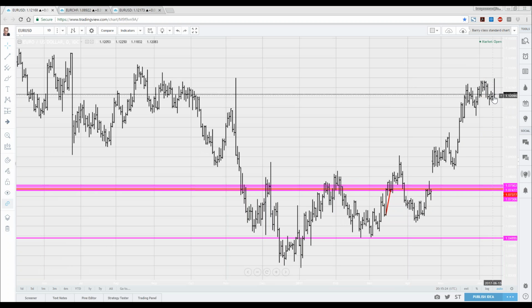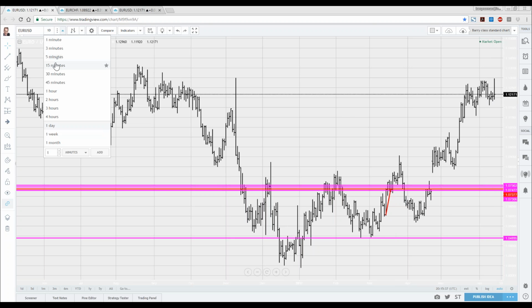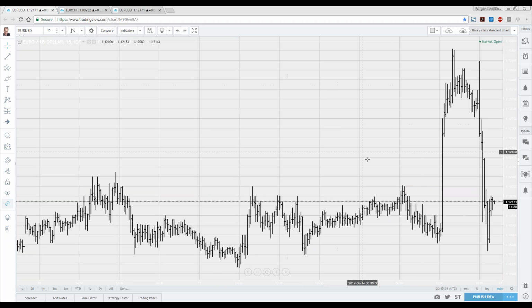Because for the whole day, it ended up where it started. But if you were going to trade the euro-US dollar today, you sure wouldn't want to be looking at how it traded in a one-day period. You wanted to look and see how it was trading in a much shorter period of time. So time frames are very, very important.